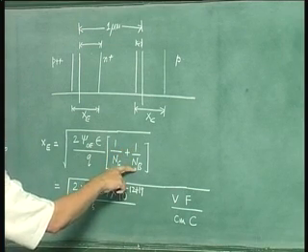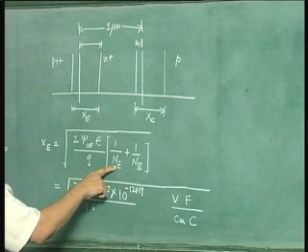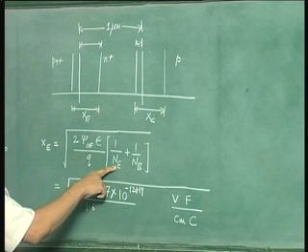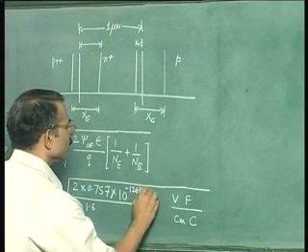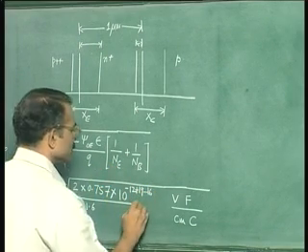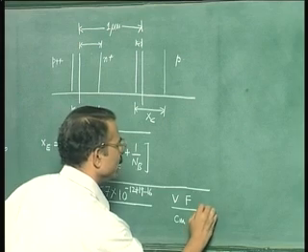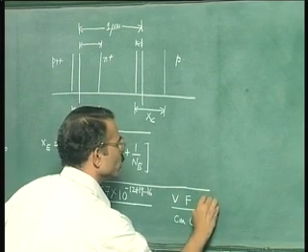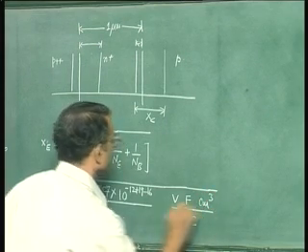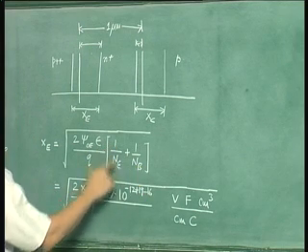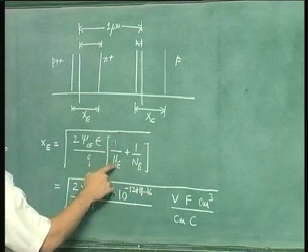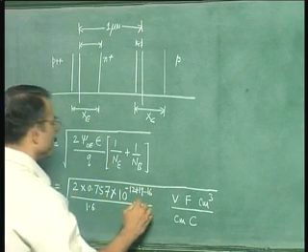Nb is 10 power 16 and Ne is 10 power 17 per centimeter cube. So if you take 10 power 16 out, you will get 10 power minus 16 here, and this will be centimeter cube in the numerator, and this bracket will be, if you take 10 power 16 out, 1 by 10 because this is 10 power 17, so this will be 1.1.